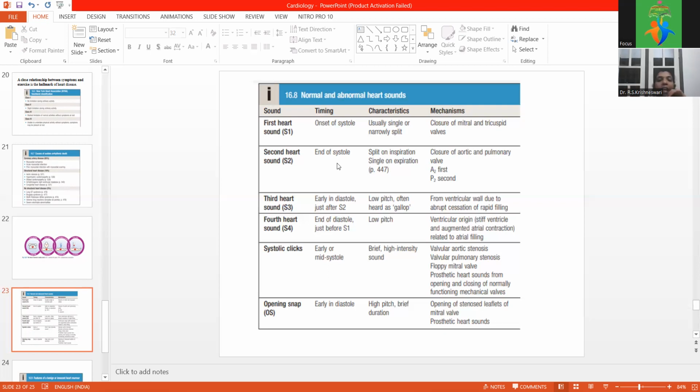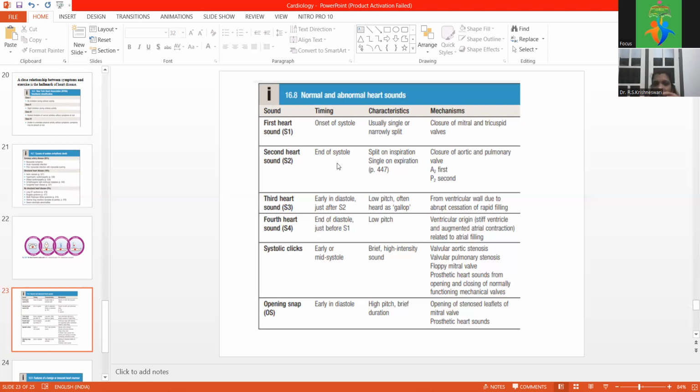Okay. Next is the third heart sound, S3. It is early in diastole, just after S2. Once the complete systole of the ventricle happens, the ventricle starts expanding, is it not? So there will be diastole of the ventricle. So it happens early in diastole, just after S2.